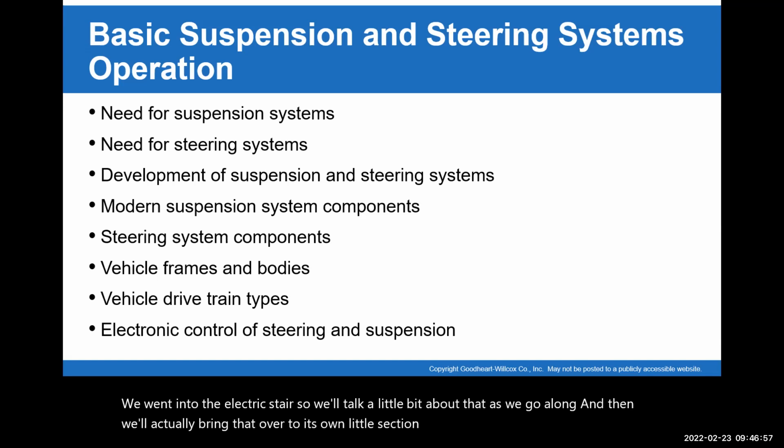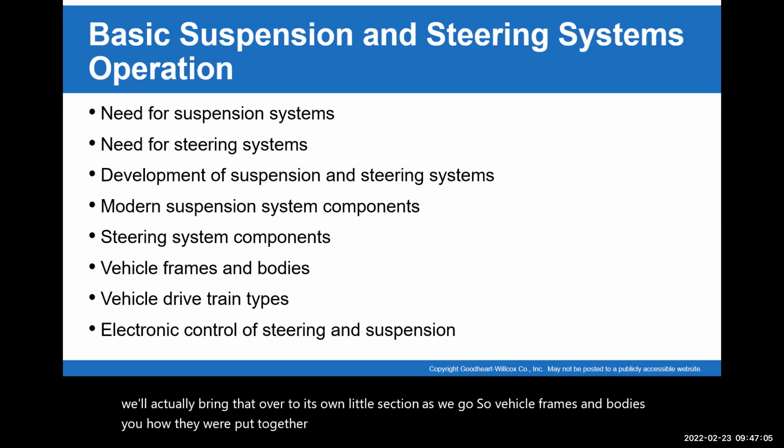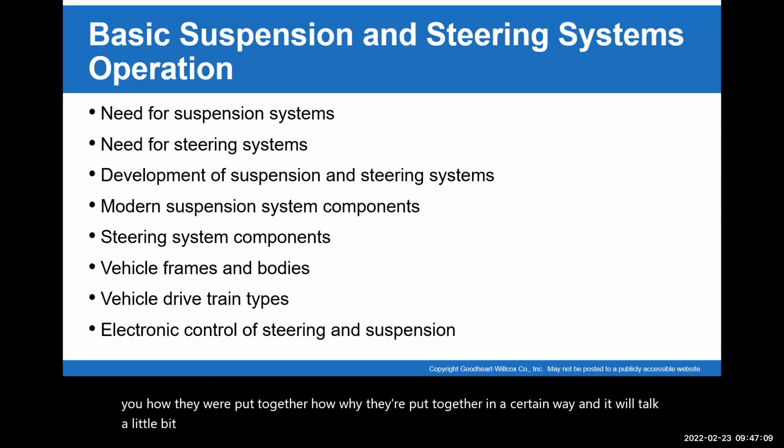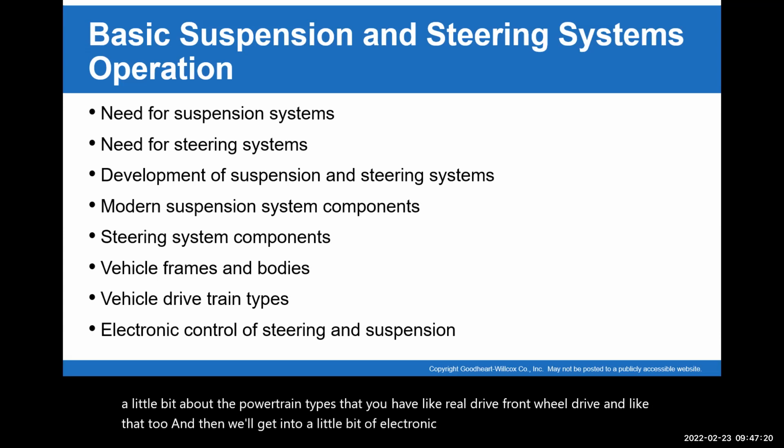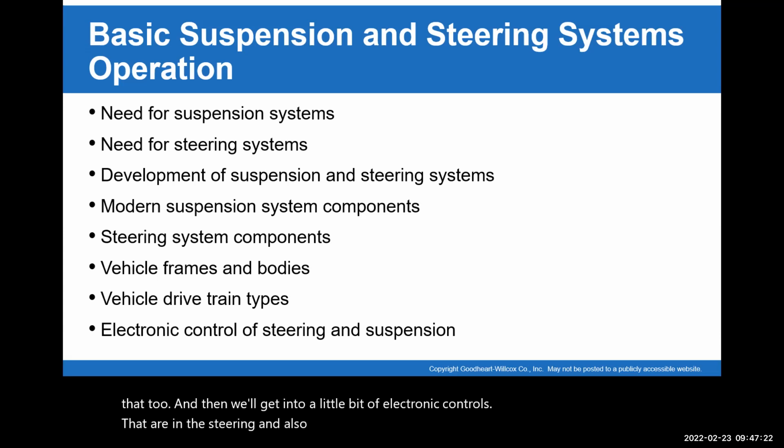So vehicle frames and bodies, how they were put together and why they're put together in a certain way, and then we'll talk about the powertrain types that you have, like rear wheel drive, front wheel drive, and like that too. And then we'll get into a little bit of the electronic controls that are in the steering and also the suspension system too.